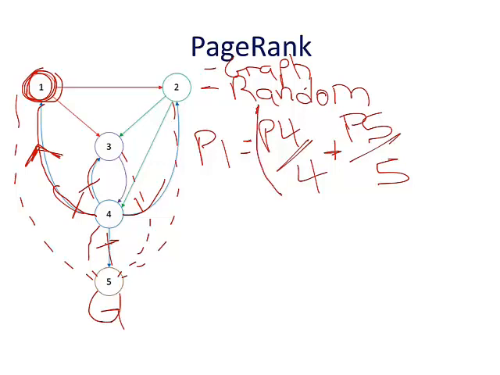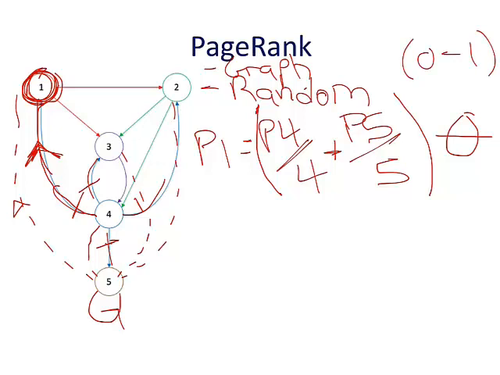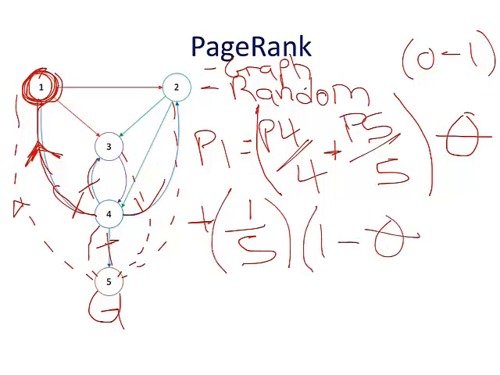And this is the graphical component that we follow, just by taking all of the in-degrees for node 1. That times this weight, theta, which is between 0 and 1. Plus this random component, which again is just going to be 1 over 5, since we have 5 nodes. And that's times 1 minus theta.